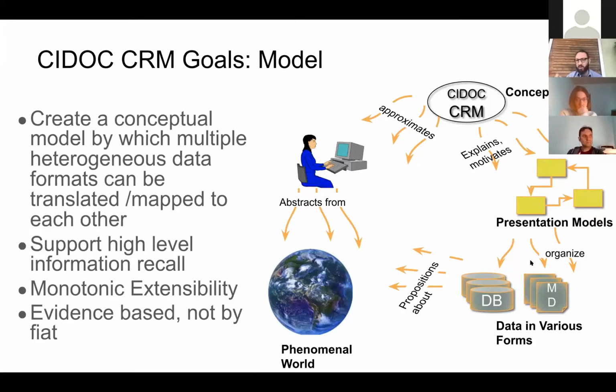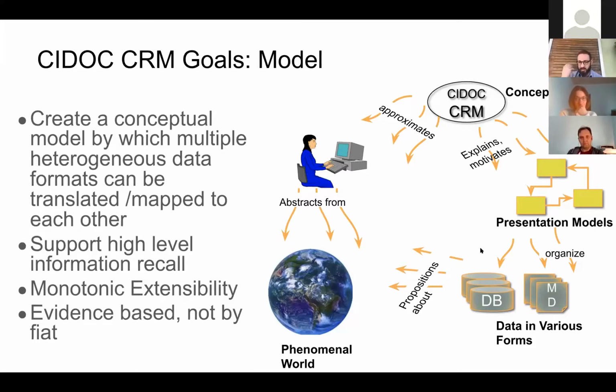And we do that really by saying everything that's documented in a museological collection and in any scientific, scholarly, cultural heritage documentation is really making statements about a real world. And so we can use that to abstract and say, okay, at the end of the day, what are the real world things that are being talked about, and what is being claimed about them?